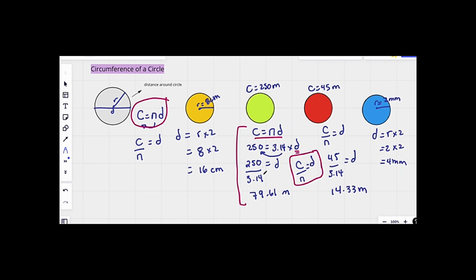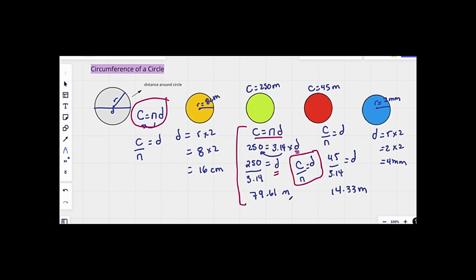That's exactly what we have right here. This is circumference, and 3.14 is pi, and that will give us the diameter, which is 79.61, and in this case it was meters.